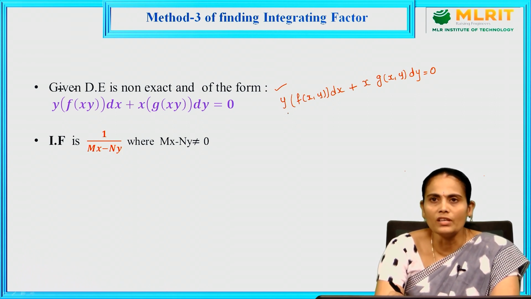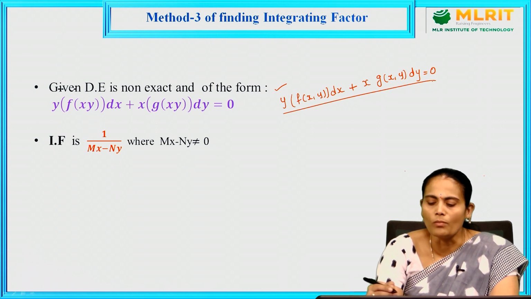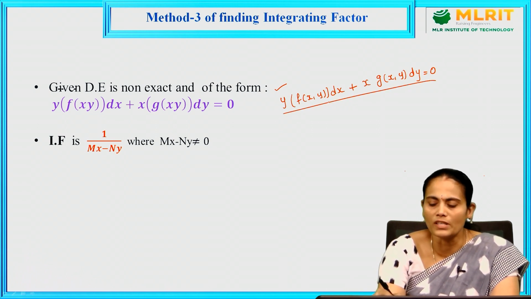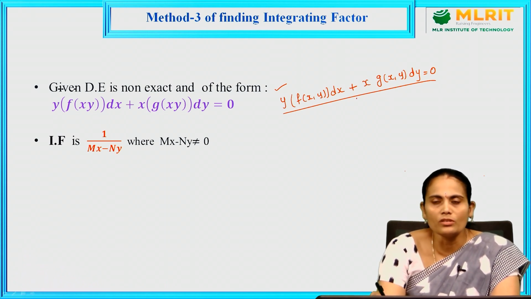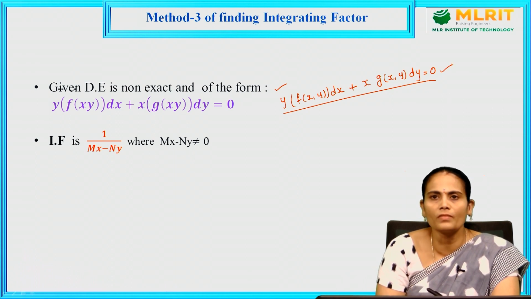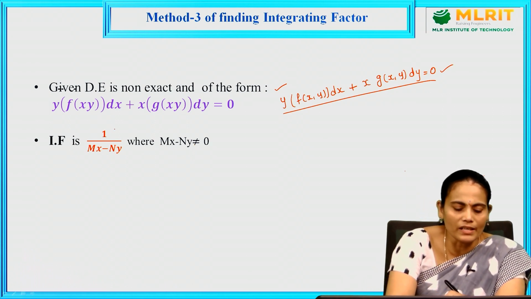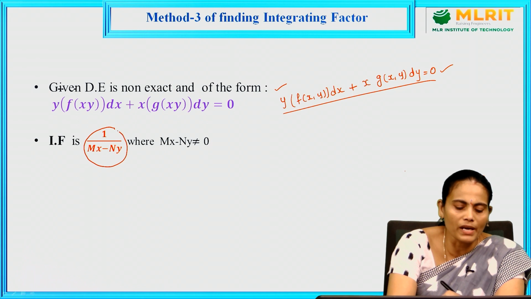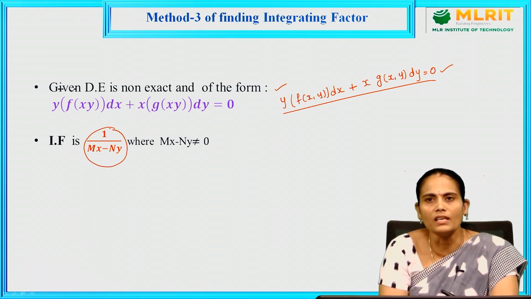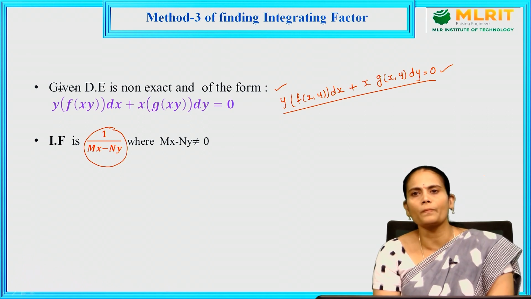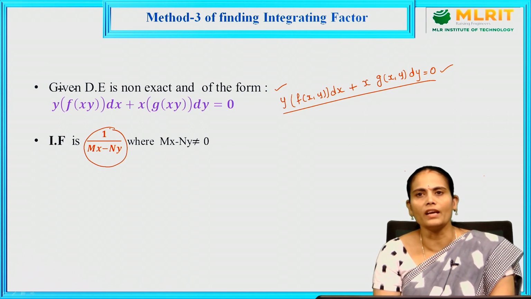If the equation is of this form, then the integrating factor is 1 by (mx minus ny). Right, now let me see one problem on method 3 of finding an integrating factor.